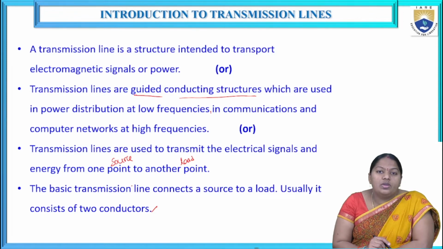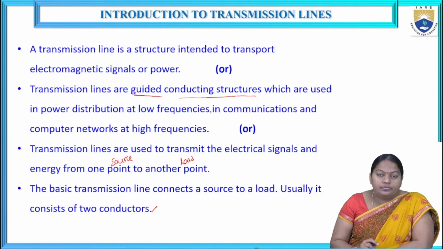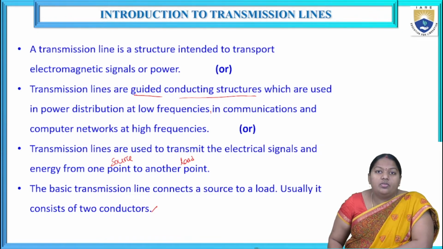To send energy, power or a signal from the source to the destination, we need a physical connection. That's why it is a guided conducting structure which can transmit electrical signals from one point to another point. So the basic transmission line connects a source to a load and usually consists of two conductors.